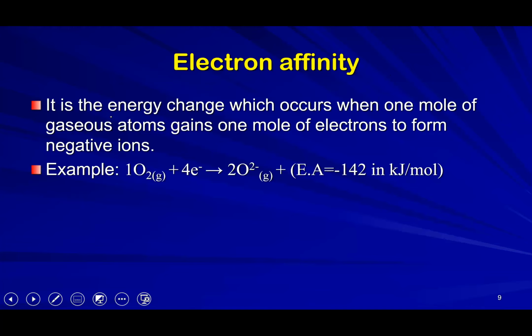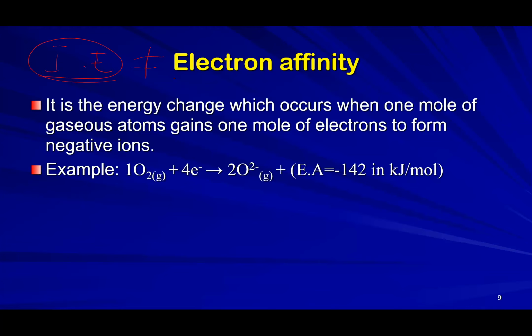Now, let us have a look at the electron affinity. The electron affinity actually is the opposite of ionization energy. Ionization energy is the energy required, which accompanies the removal of an electron from an atom.